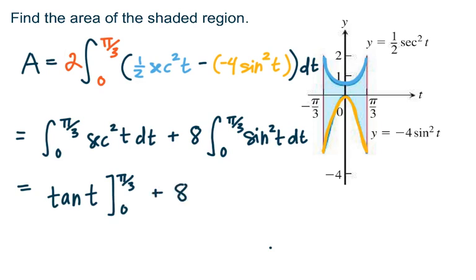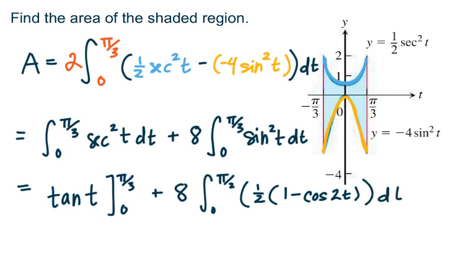plus 8. Now, in order to evaluate sine squared, we're going to need to use a double angle substitution. And so sine squared, we know, is equal to 1/2 times 1 minus the cosine of 2t. If I pull that 1/2 out, I'll just evaluate all of this at the end.